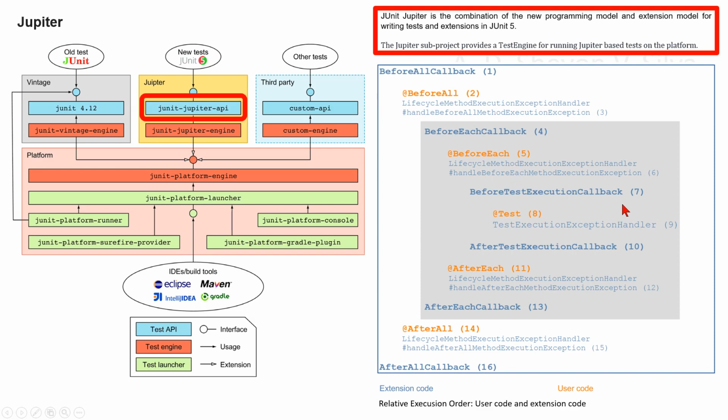Step 6, the interface org.junit.jupiter.api.extension.LifecycleMethodExecutionExceptionHandler, handleBeforeEachMethodExecutionException.